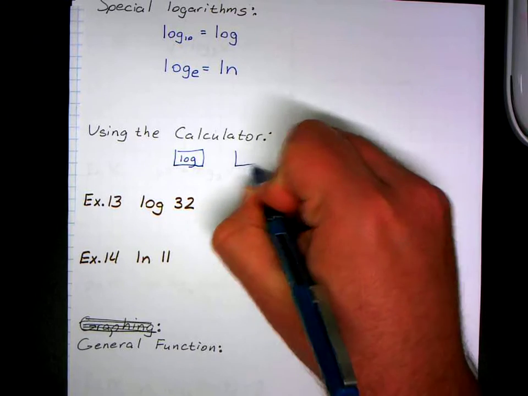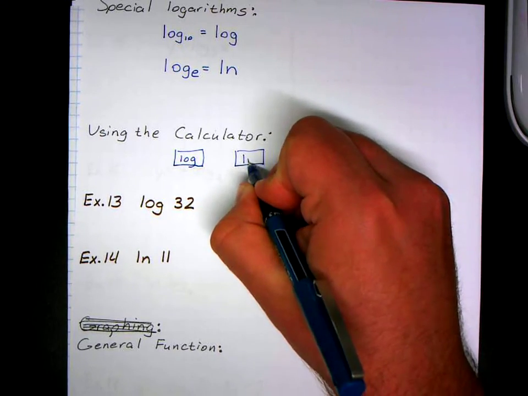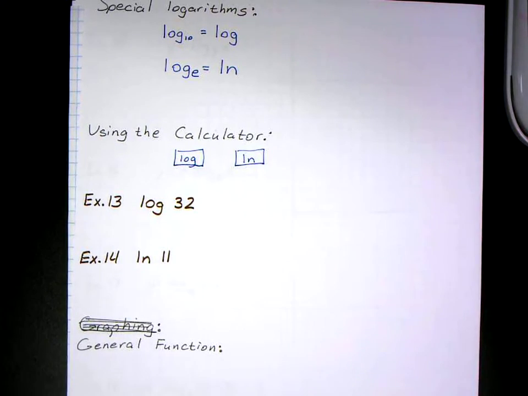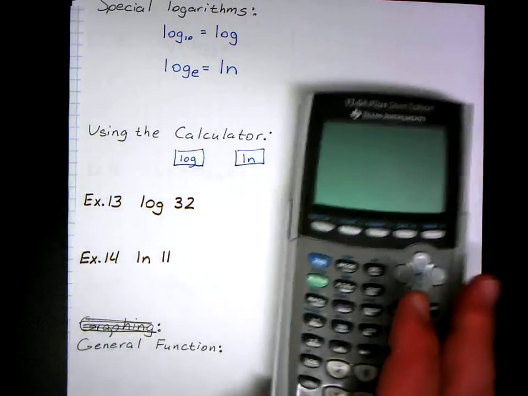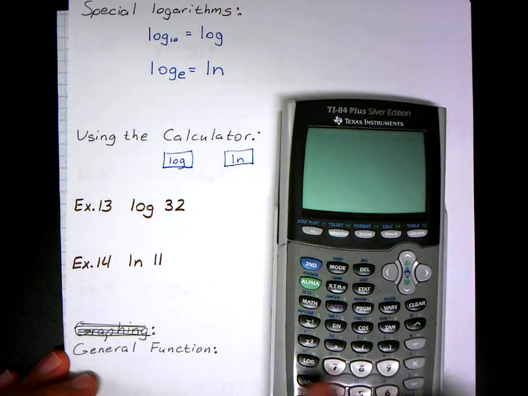You should have a button that says ln. Sometimes the ln button might be above the e^x button, or the e^x button may be above the ln button, depending. Usually you have one and then the other one is a second of the previous one. Like on my calculator, the e^x button is the second of the ln button.